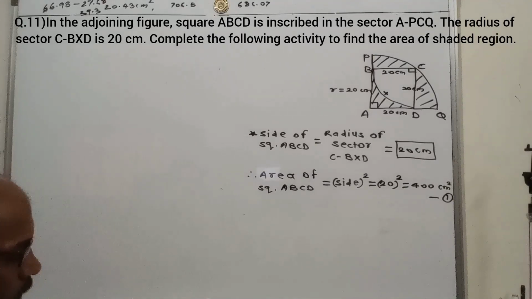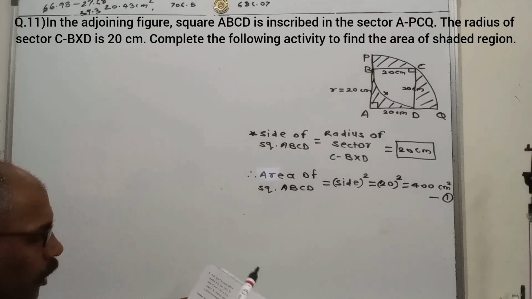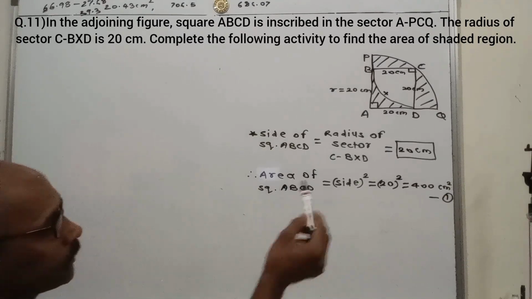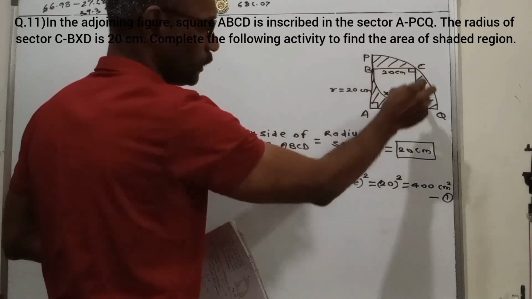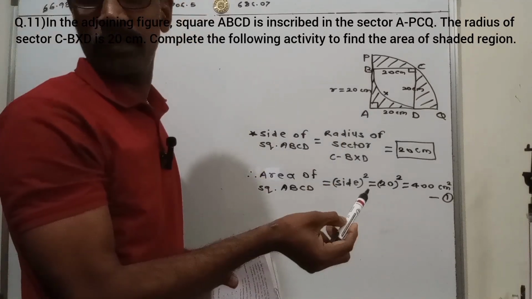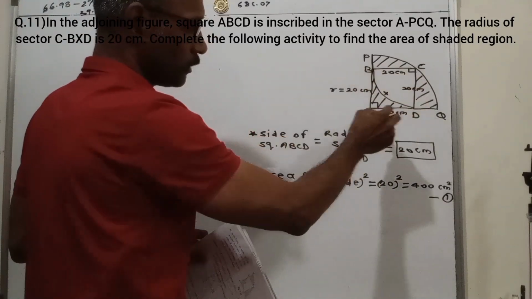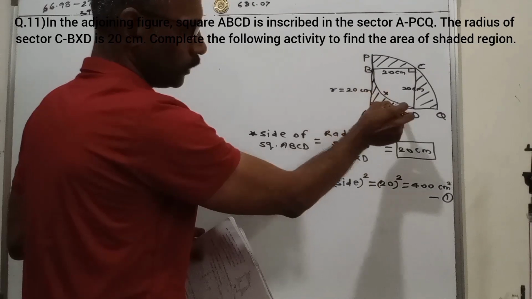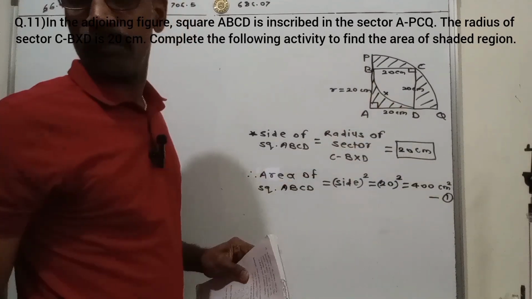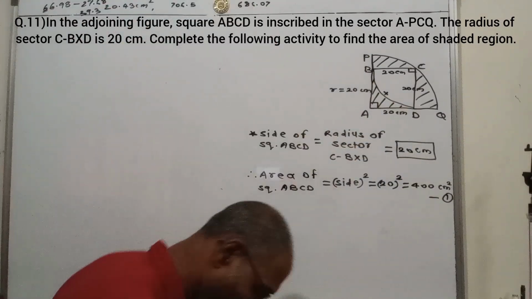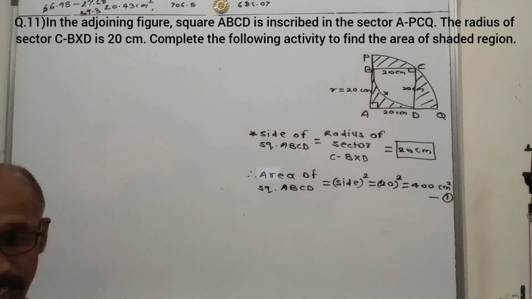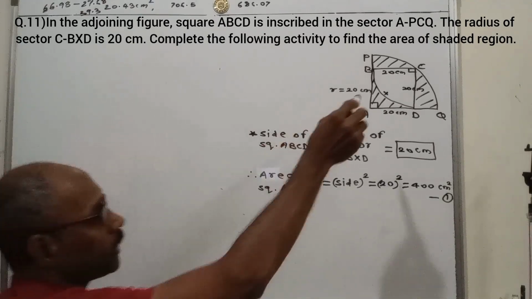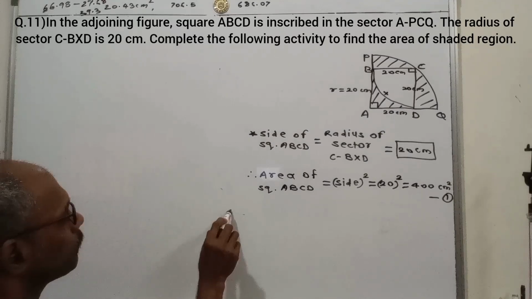Okay, next, area of shaded region inside the square. ABCD is a square. Now in this square, here is the shaded region. We will find out the area of shaded region inside the square. See this?